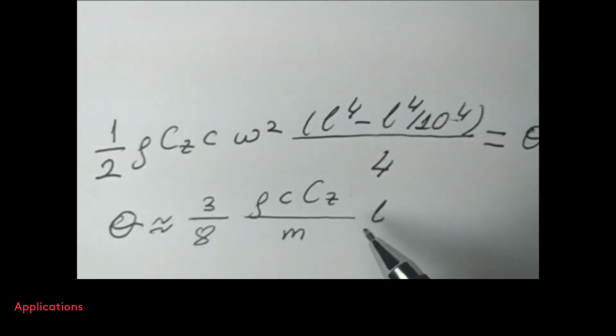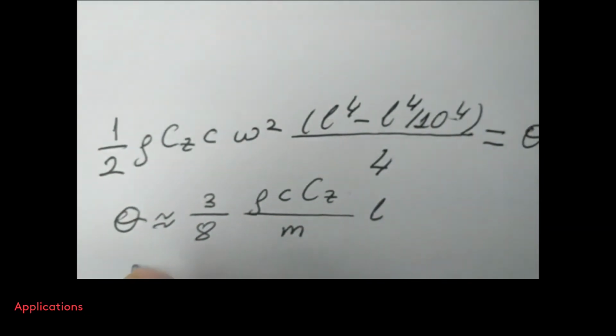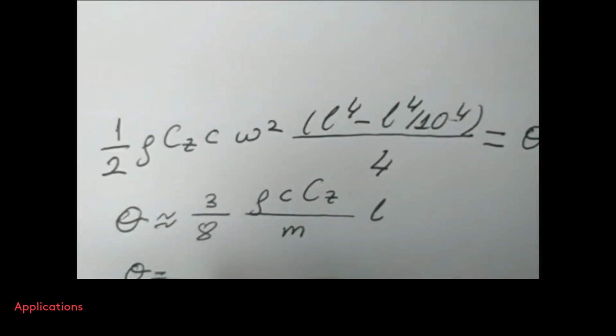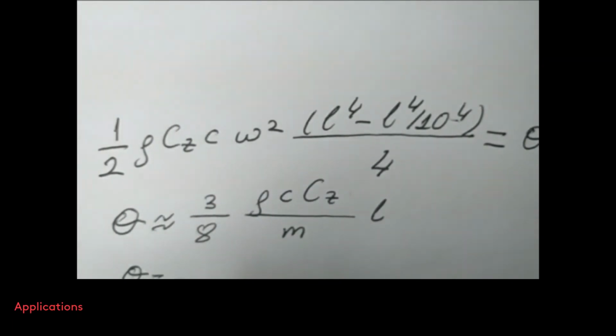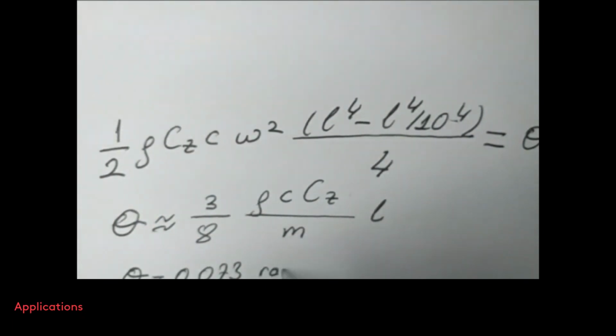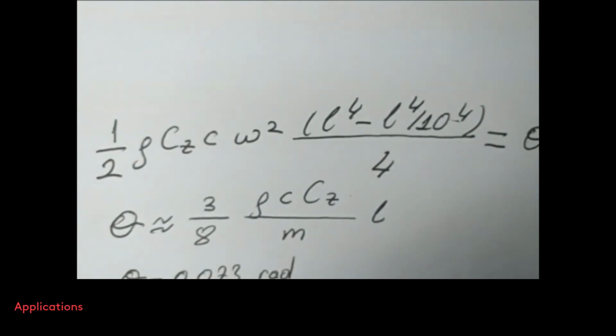When you put all the values, what you're going to get for theta is 0.073 radians. So it's a very small angle, around 4 degrees, in fact. Okay. So we find the angle.